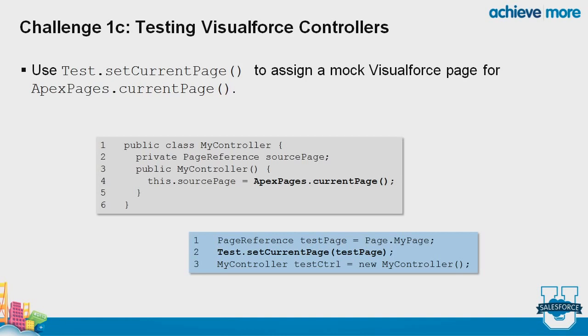We're going to say, if you ask for the current page, this is the current page. The way we do that is that in blue, on the bottom, line number 2, we set the current page to a page reference that we defined on the previous line to be the address of a Visualforce page called My Page.